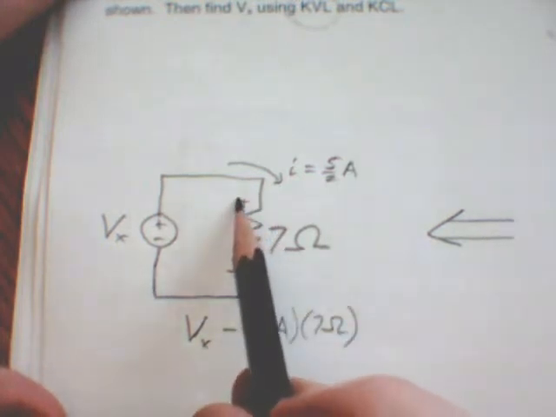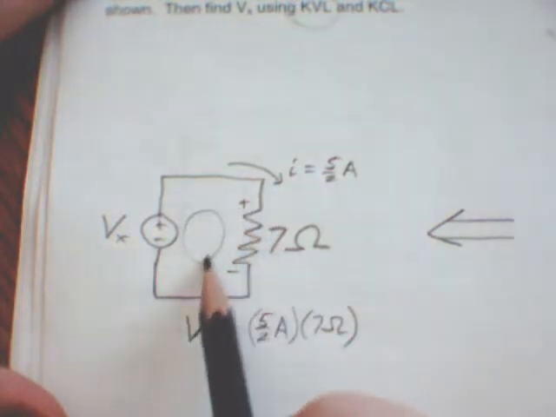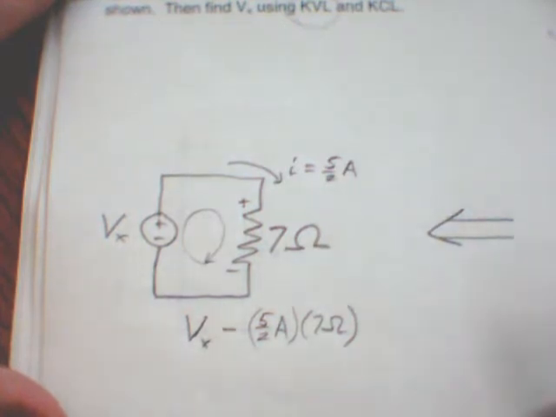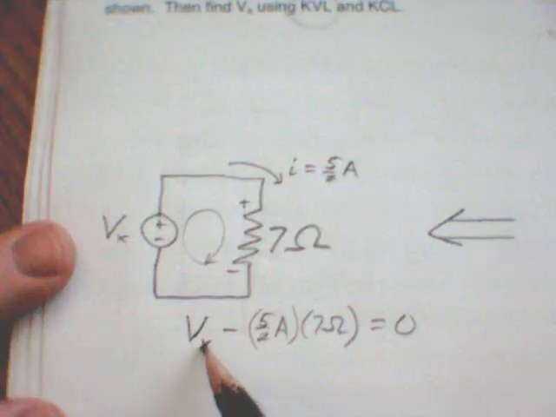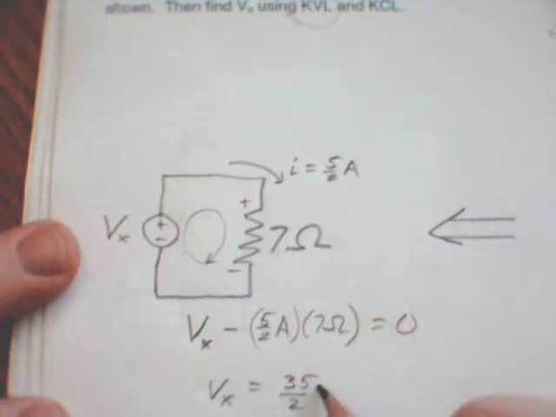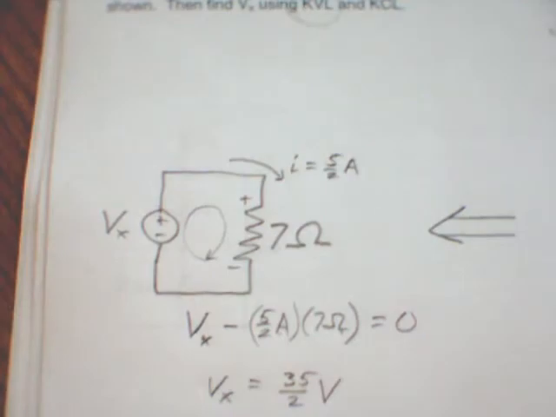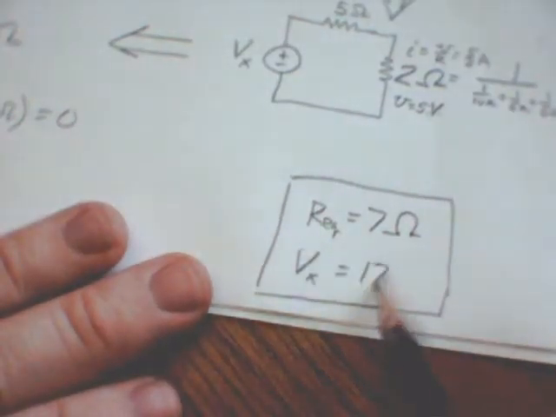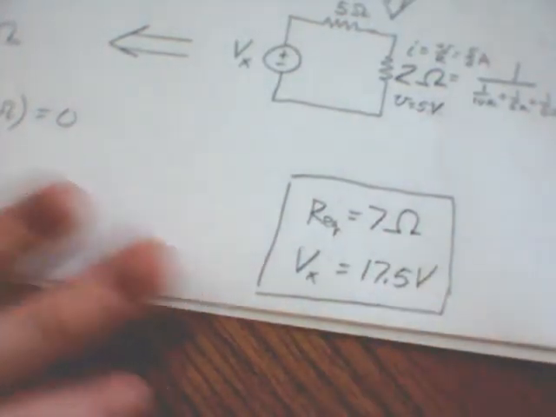That's IR, the IR drop for this one right here, or that's our KVL loop. That's equal to 0. So that means that Vx is equal to 35 halves of a volt. An amp times an ohm is a volt. So our answer that goes down here in the bottom, 17.5 volts.